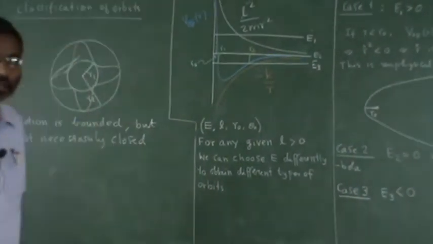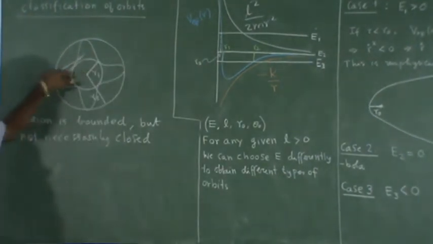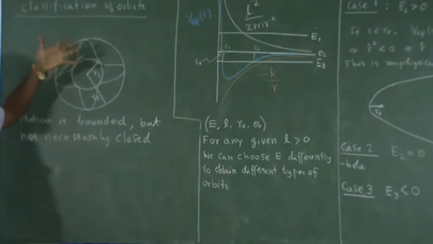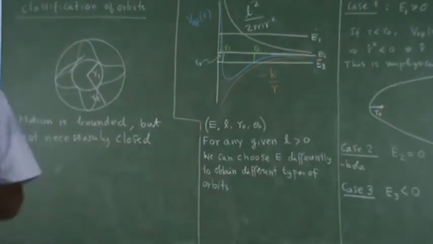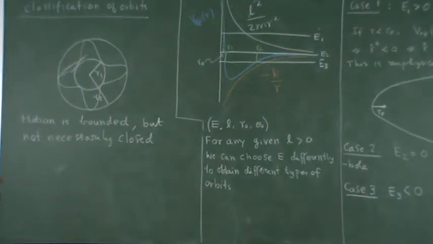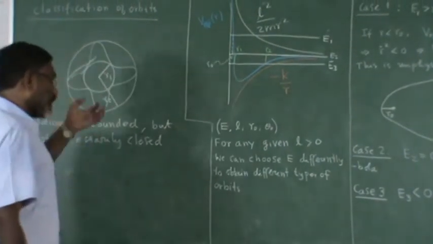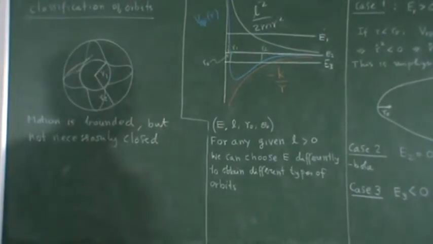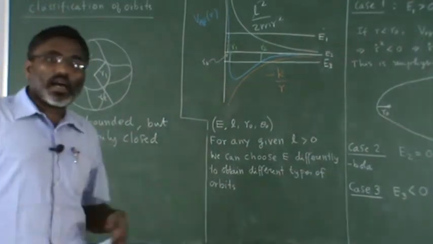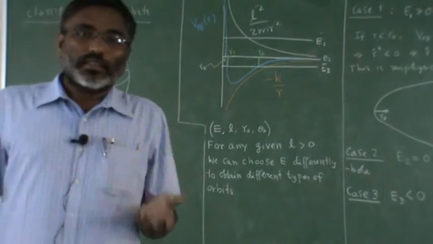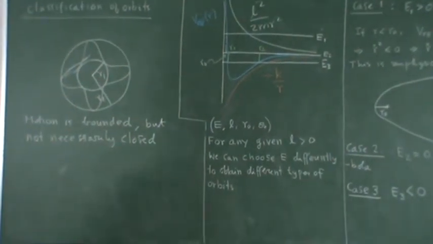For an inverse square law it's a conic, but it's not necessary for an arbitrary potential. But this classification is fairly general for a large class of potentials. I will also tell you for what kind of potential this is general. The line of argument is more general than the conclusions.